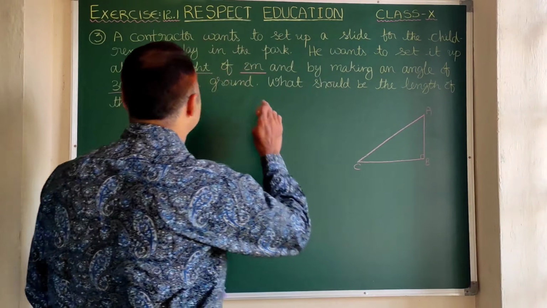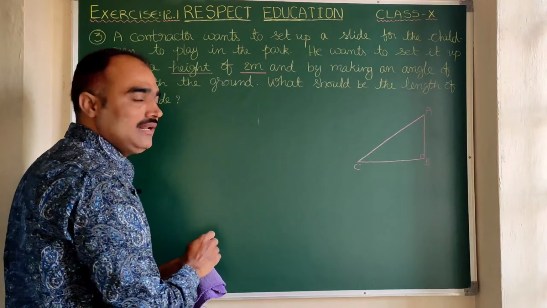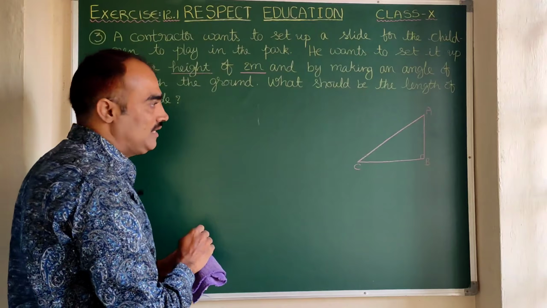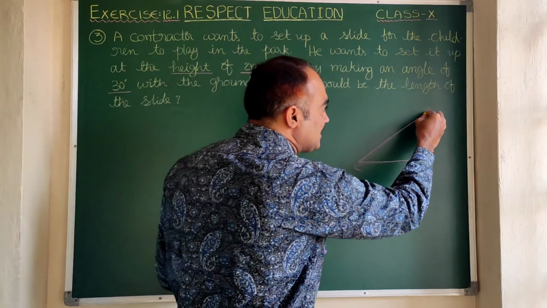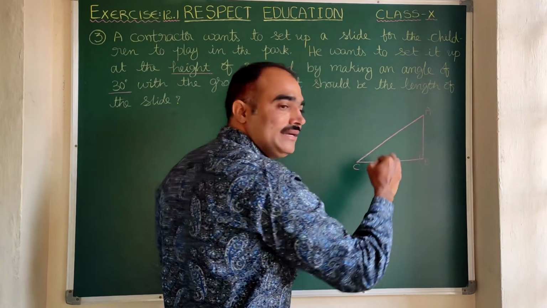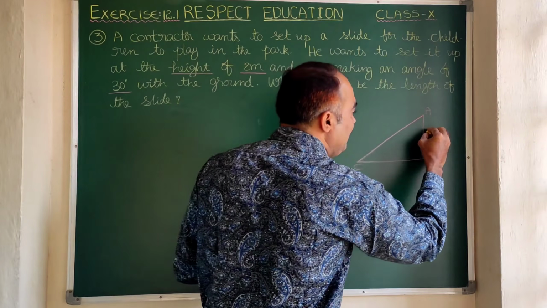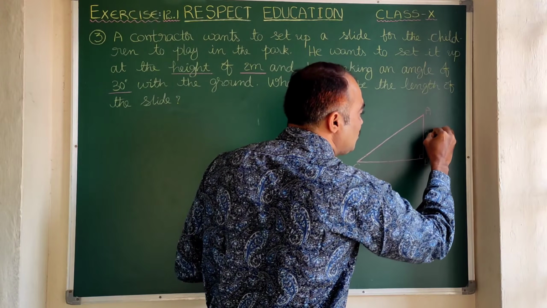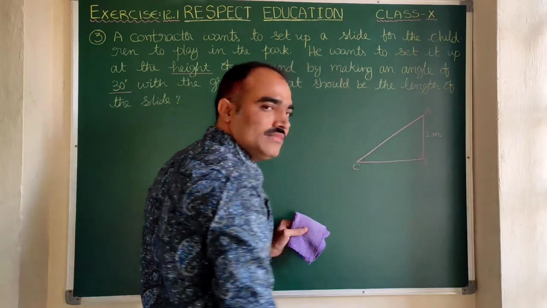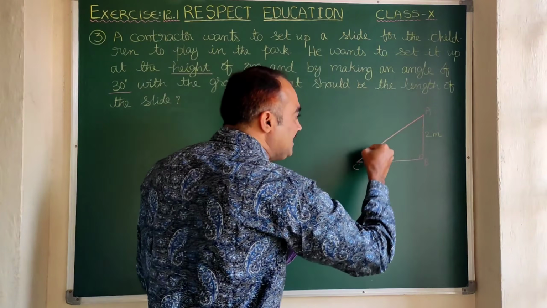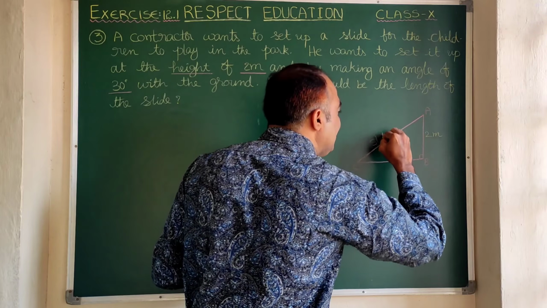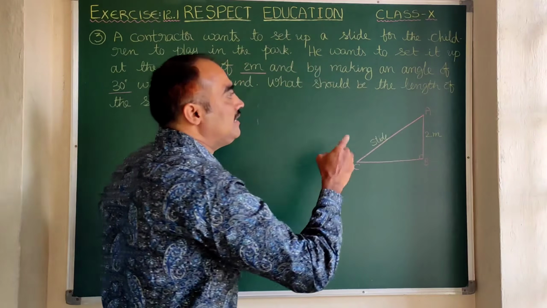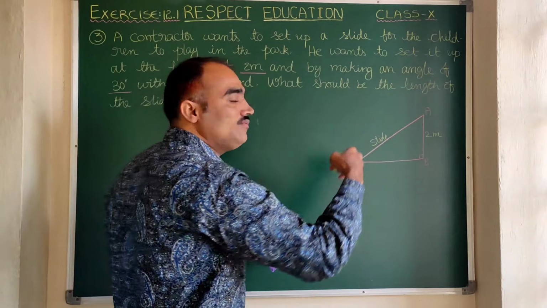Now observe where to write the 2 meters and 30 degrees. Here 2 meters is the height where the slide is set up. Clearly AB indicates the height. This is 2 meters. Clear? And here AC is the slide. We need to find the length of the slide, which means we need to find AC.